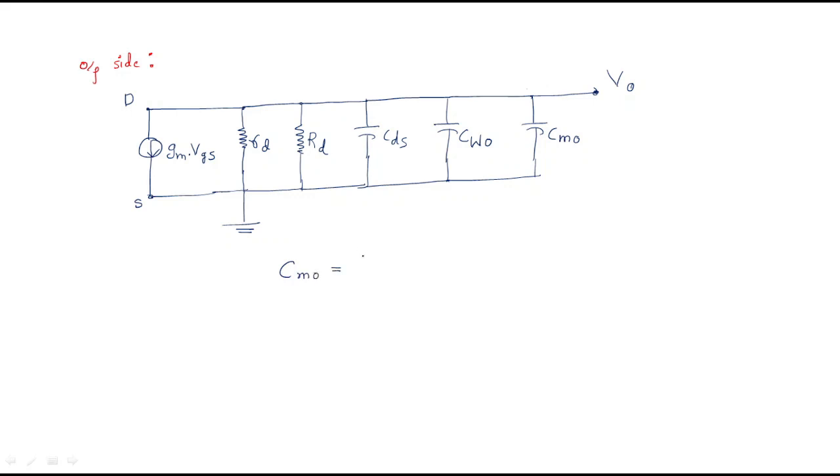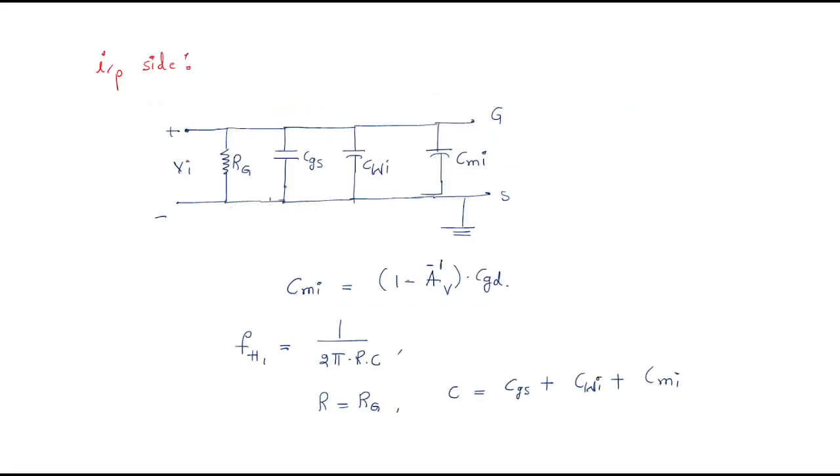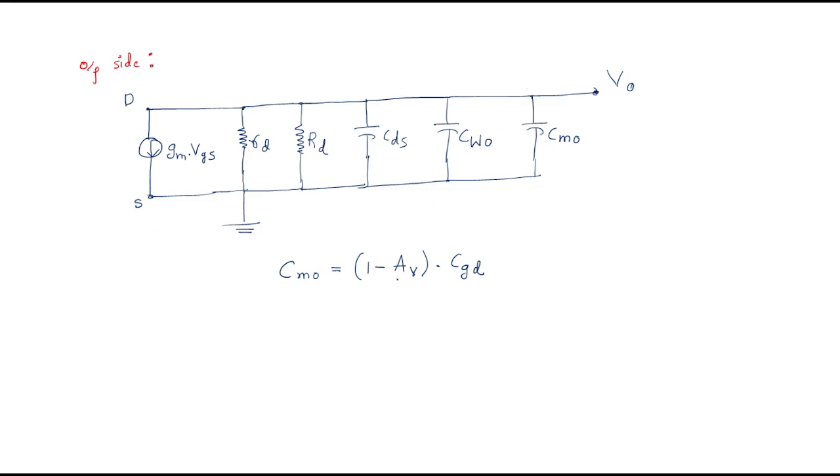That value is (1 minus the inverse of the voltage gain) into CGD, whereas for the input side it is (1 minus the voltage gain) into CGD. That is the difference. From this circuit we will get the high frequency.